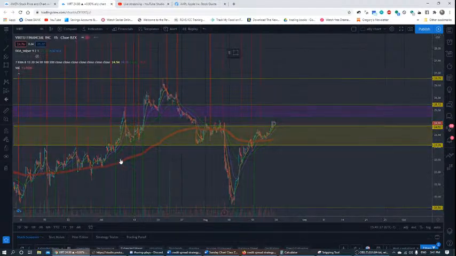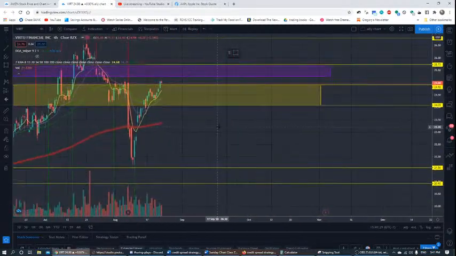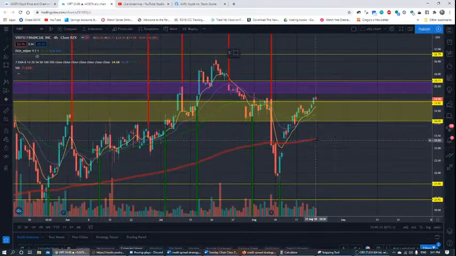So let's look at the 4-hour to confirm. Right now, this needs to catch up. The 4-hour is saying we made the 50 and the 20 has crossed, so has the 8 on these leading time frames. But the 200 and the 50 haven't crossed yet, so this is lagging.